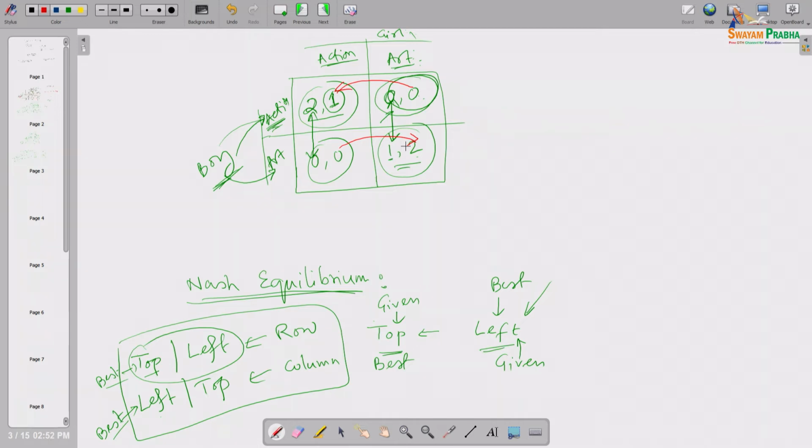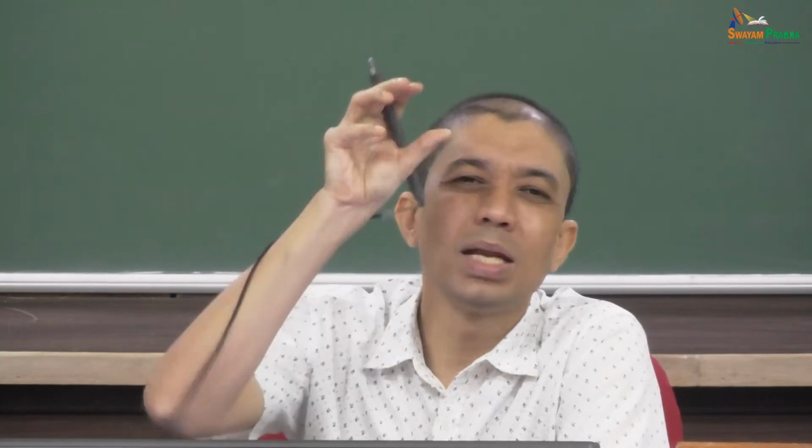If neither of them has a dominant strategy, then we have to look more carefully at whether there is any Nash equilibrium or not. When at least one of them or both have a dominant strategy, a Nash equilibrium is guaranteed, as we have shown, and it is very easy to find.